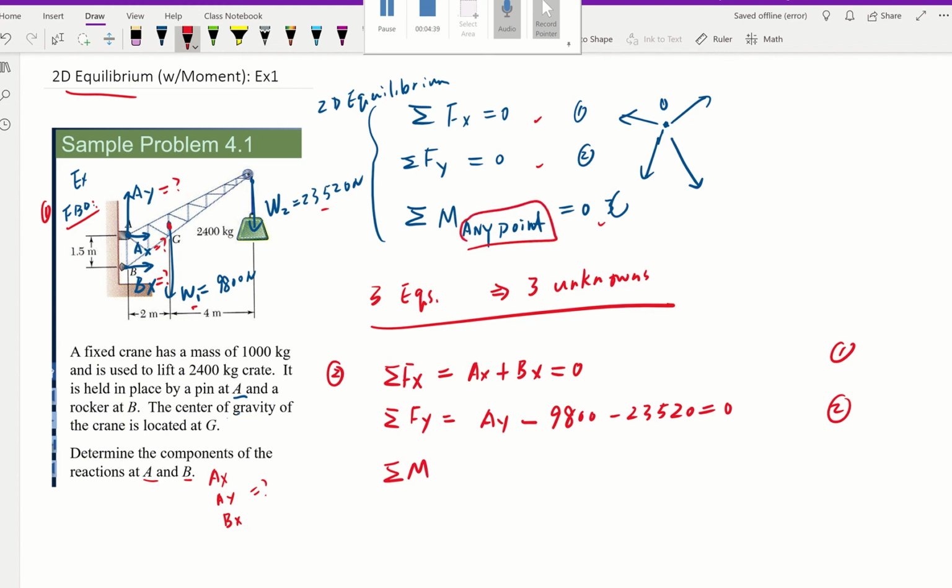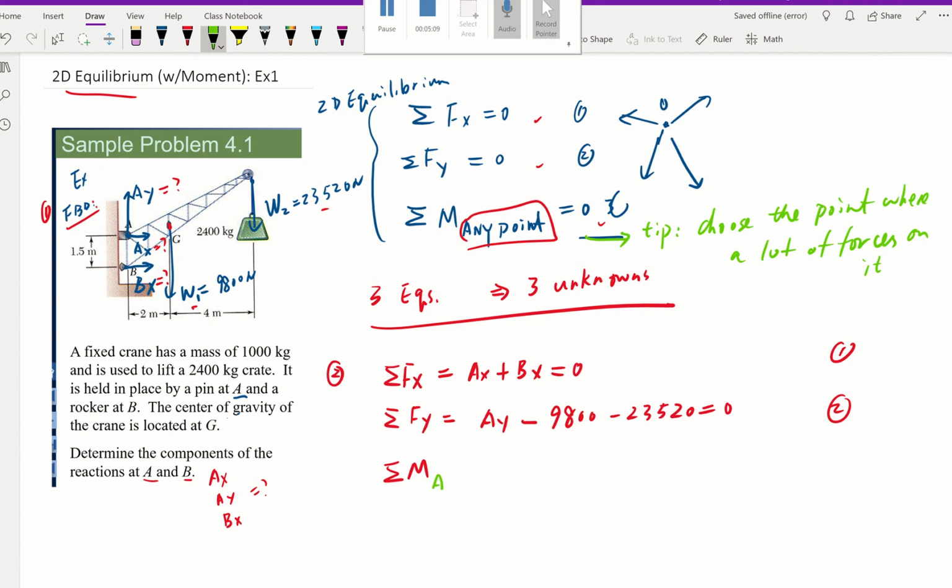So here, the rule of thumb is you choose a point that has a lot of forces on it. Here is a little tip. Why?